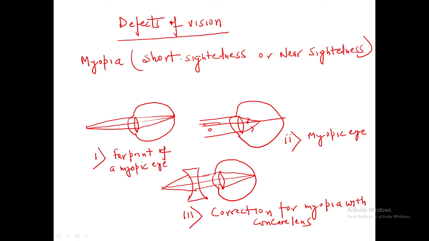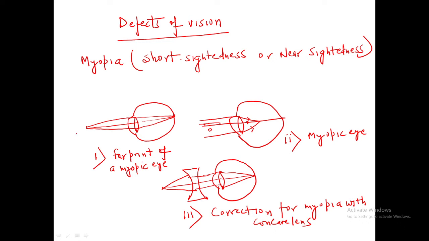In this context, I want to tell all of you that in this defect, a person is not able to see the distant object clearly. However, he can see the nearby objects clearly. First, the far point of a person with this defect becomes closer than infinity. Figure 1.